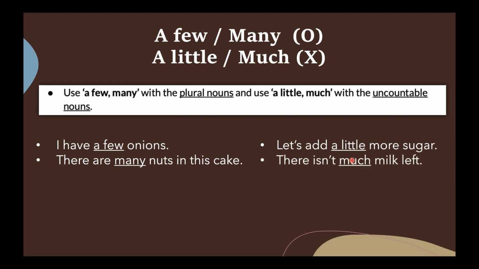그리고 There isn't much milk left. 우유 많이 없어요. 이제는. 거의 다 썼어요. There isn't much milk left. 이거는 much 조금 사용하기 어려워요. 부정문이랑 같이 사용하는 거예요. 부정문. There isn't much. 그리고 셀 수 없는 명사만. 그래서 much는 사용하기 좀 어려워요. 보세요. 이렇게 말하면 안 돼요.